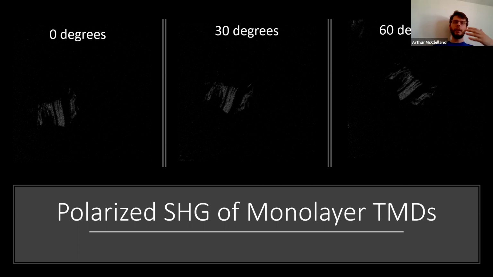So the electric field has a certain orientation, and the crystal structure has a certain orientation. If we rotate the crystal structure relative to the electric field, we can get variation in the second harmonic generation intensity. These images did not come out very well on the PowerPoint, but you'll have to trust me that there are different intensities as we rotate this TMD flake. And then we can measure the intensities off these grayscale images and plot that.